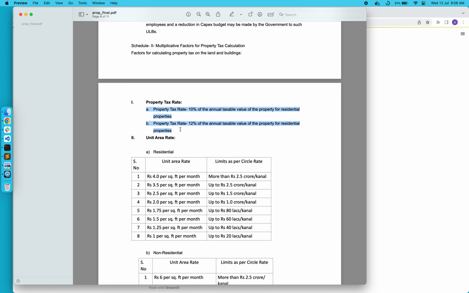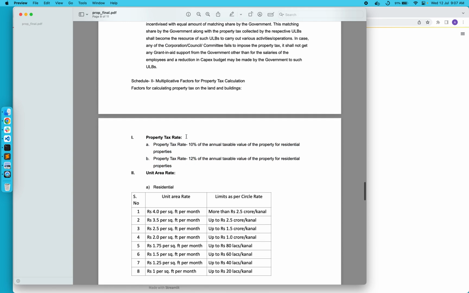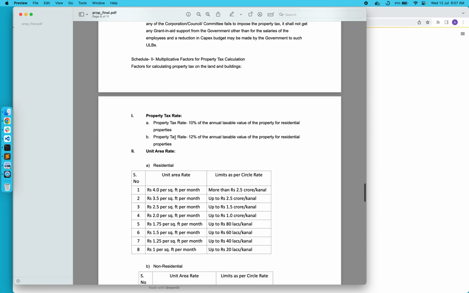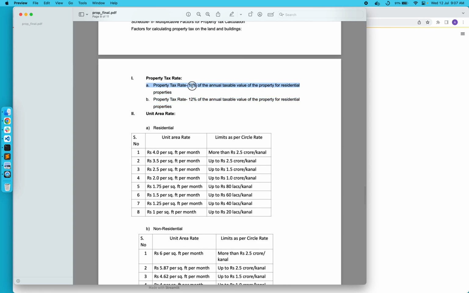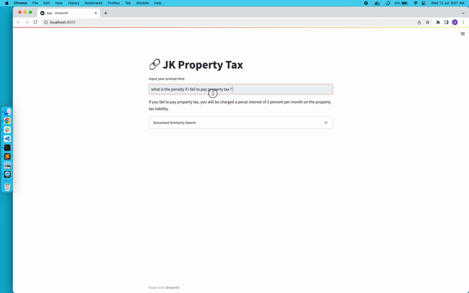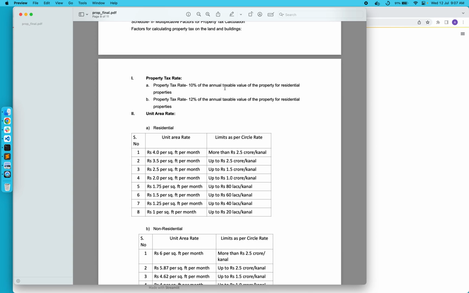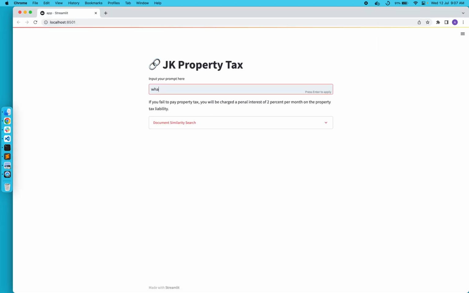Both of these paragraphs are basically the same, just the difference is 10 and 12%, which is slightly confusing to me as a human itself. But let's just ask this: what is the property tax rate for residential property? Just a simple question: what is the property tax rate for a residential property?